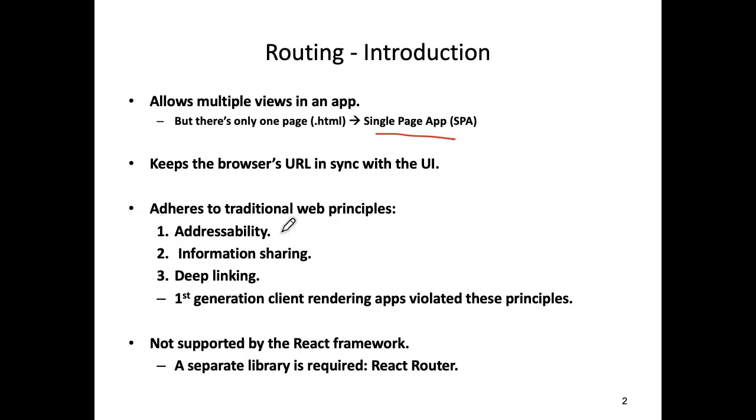And when you enter that URL into your browser, you will be taken straight to the view that I want you to see. So that's the idea of addressability. Every page or view has its own unique address, and that facilitates information sharing. So information sharing and addressability are all really interconnected, or deep linking is also another term that we use.